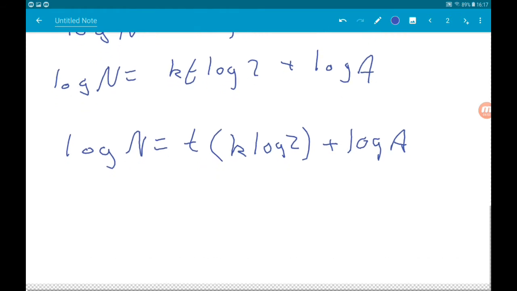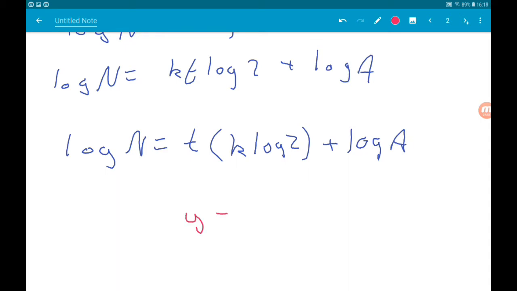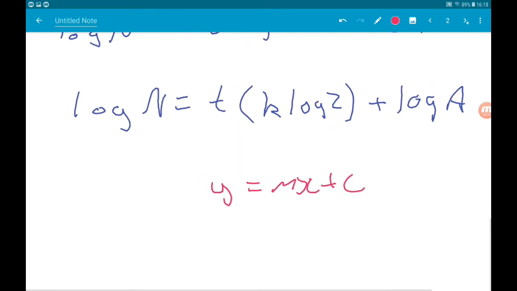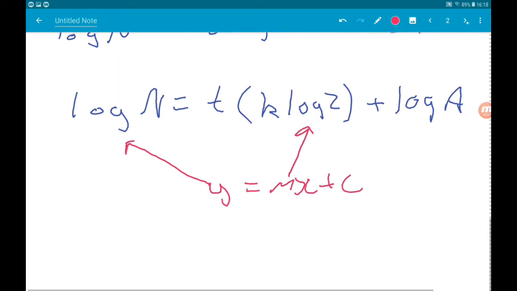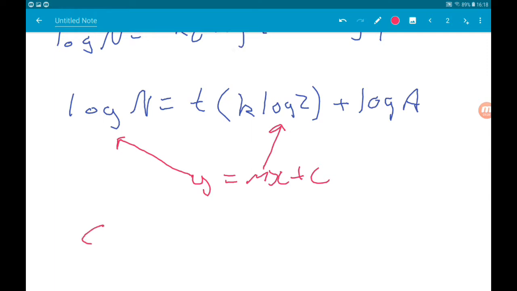If we compare this to y equals mx add c, which is the general equation of a straight line, then our y is log n, our m is k log 2, so the gradient is k log 2.